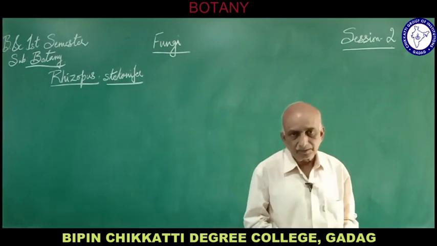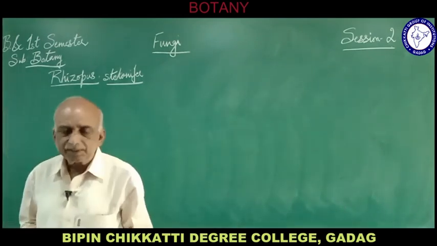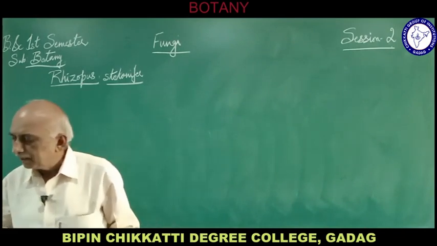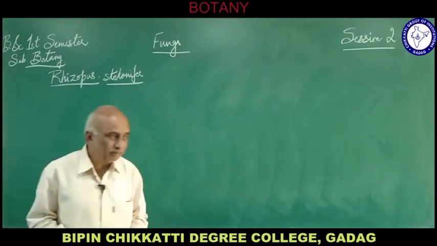This Rhizopus commonly grows on fruits, vegetables, and any other food materials, and on decaying material.